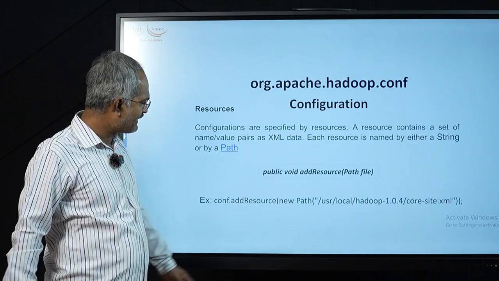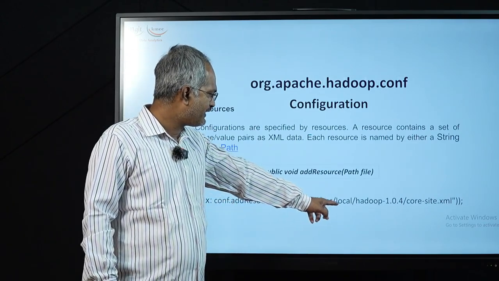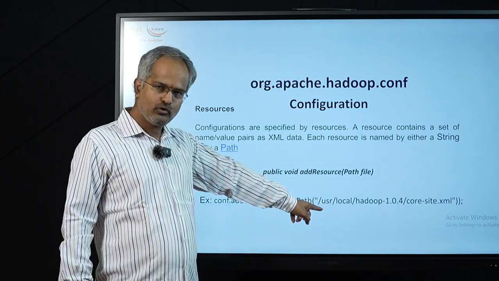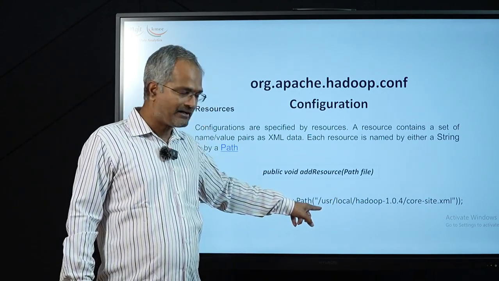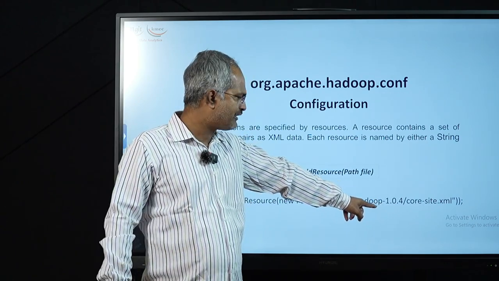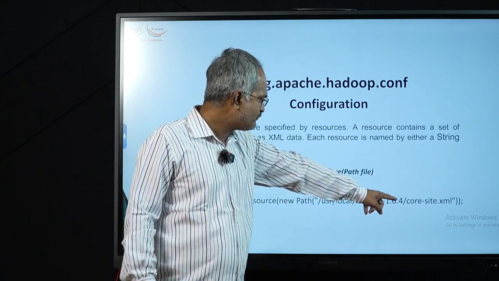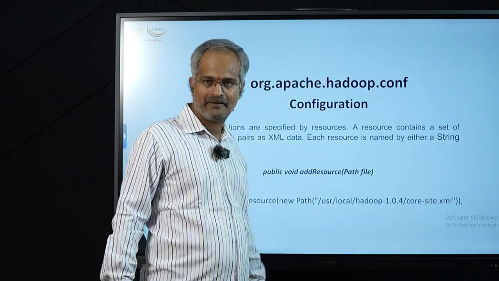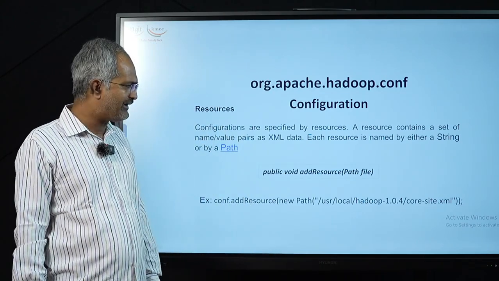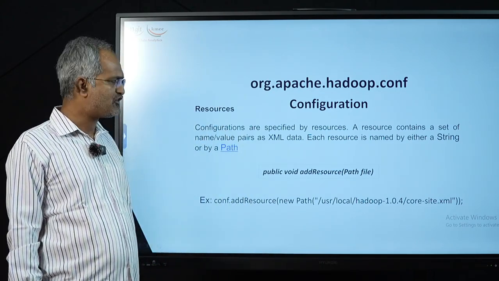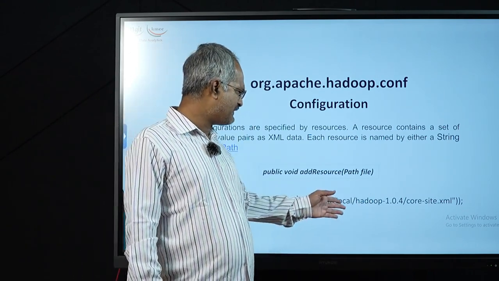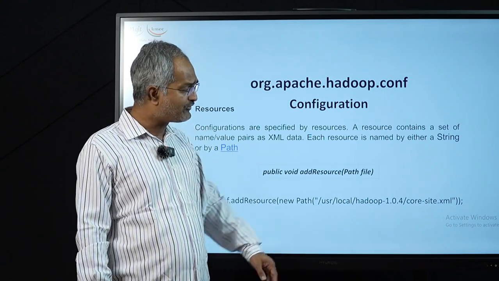That is, in general it is in the directory user local, in the root directory: user local Hadoop, the version of your software, and then core-site.xml. Here core-site.xml is the basic file for the configuration, and in the latest versions I think it is in the share folder.